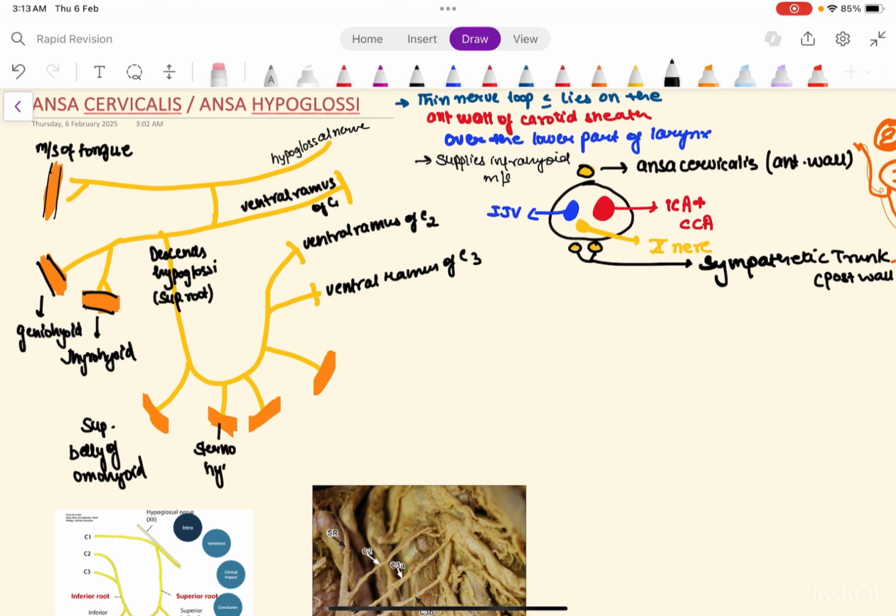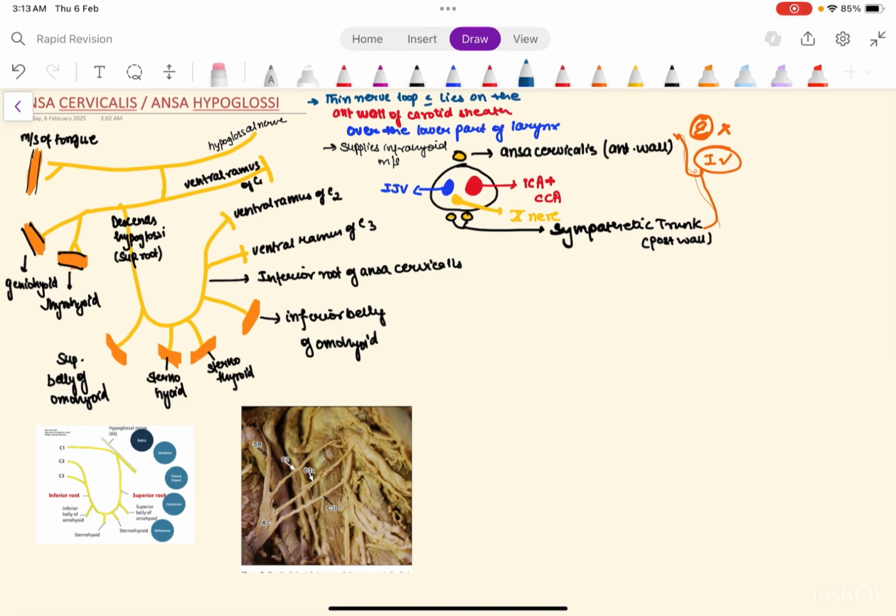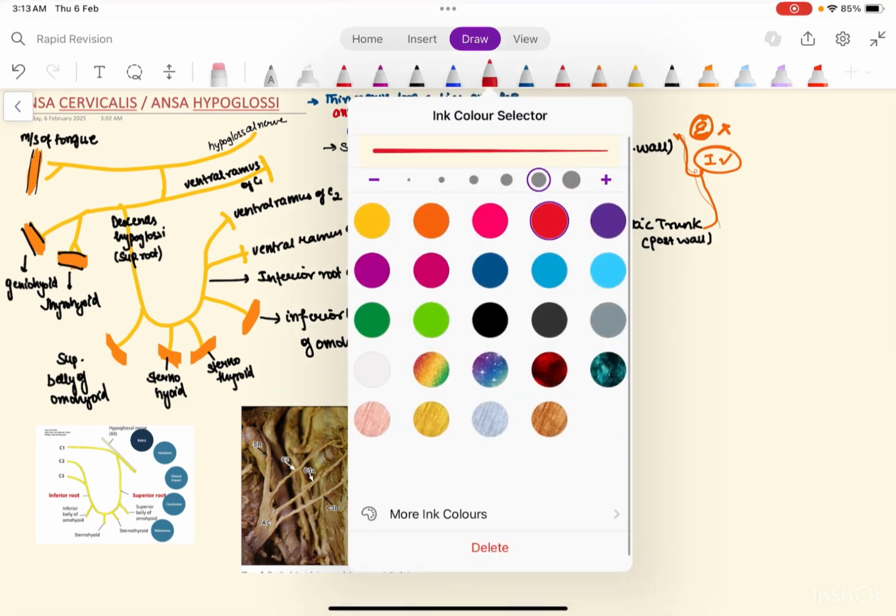Then we have sternohyoid and sternothyroid, and this is our inferior root of Ansa cervicalis, which is supplying the inferior belly of omohyoid.